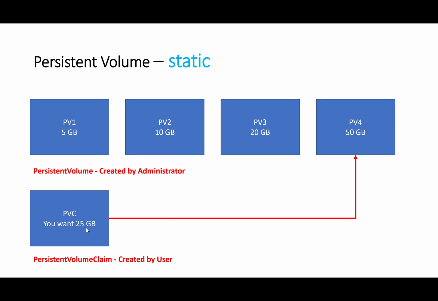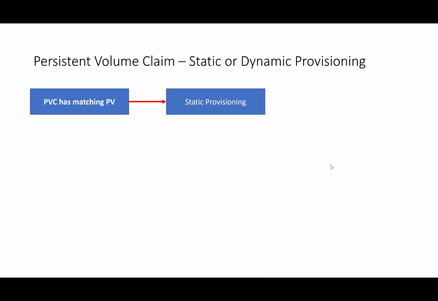Now, again, as I said, this is static provisioning, and this assumes that the administrator has created all these volumes for you. Now, there is a good chance that the administrator has not created any persistent volumes for you. So, let's assume that the PVC has a matching persistent volume.